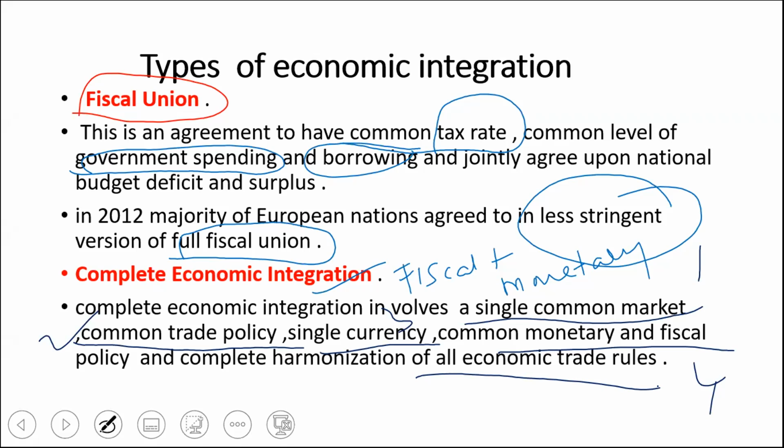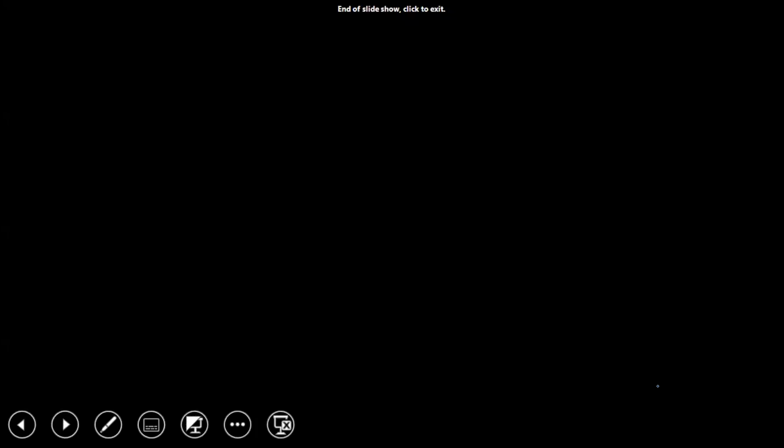All the member nations can do the trade among themselves. There is no cross border. You are fully free to move from one country to another. Second is there is a common currency. There was only one common currency, that is euro. Third is fiscal policy will be same, monetary policy will be same. That is the meaning of complete economic integration. So we are finishing with this point.